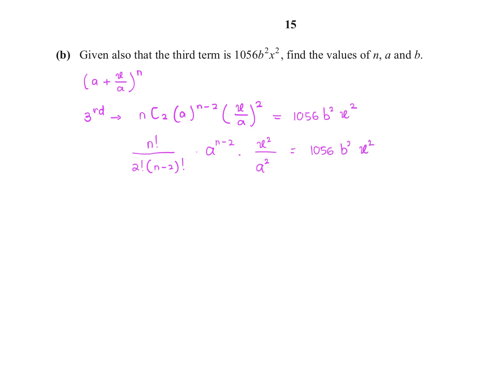Since we focus on the coefficient only, I cancel this one. More expand, n factorial is n times n minus 1 times n minus 2 factorial. 2 factorial is 2 times n minus 2 factorial.